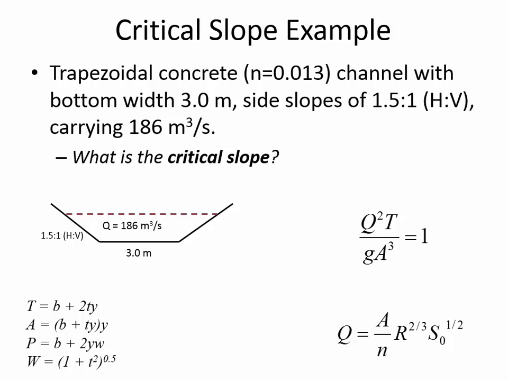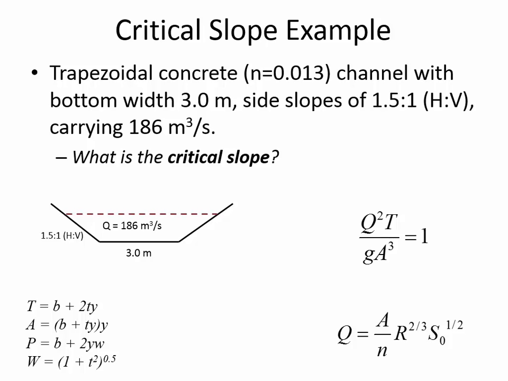So now the reason why Manning's equation is on the screen is what this is ultimately asking is what slope will cause the flow to go at the critical depth. So that's when we rearrange Manning's equation. You see it in its normal form there. We can arrange it in terms of S. Manning's equation looks like this.